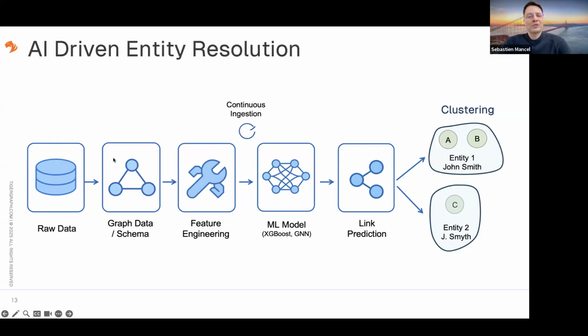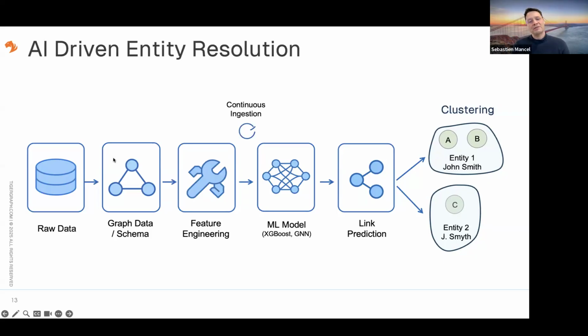Now, this diagram shows the full AI-driven pipeline. The process starts with raw data, typically from multiple systems: customer databases, transactions, devices, and third-party sources. And the data is mapped to a graph schema where relationships like shared email, IP addresses, and phone numbers are represented as edges.